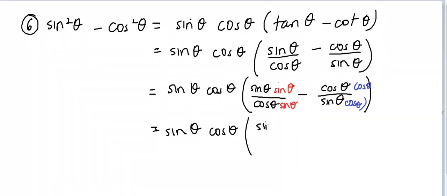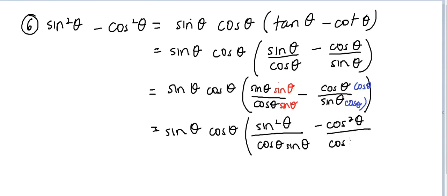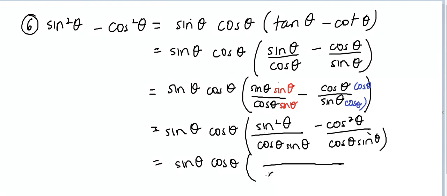Sine squared over cosine sine minus cosine squared over cosine sine. We're going to merge our terms. So sine, cosine times, right, cos sine, sine squared minus cosine squared.